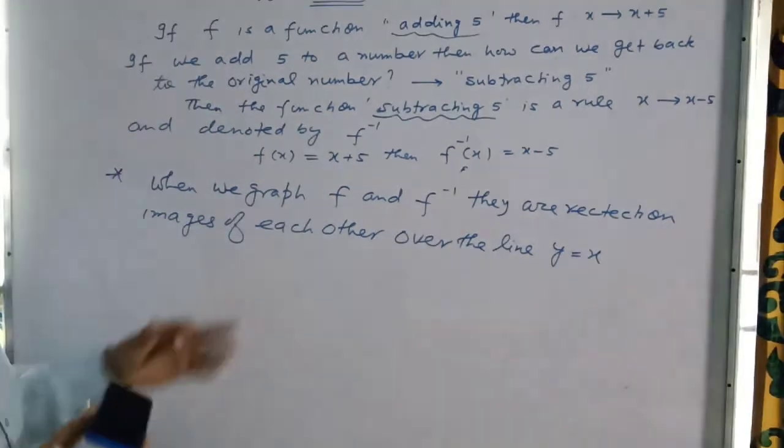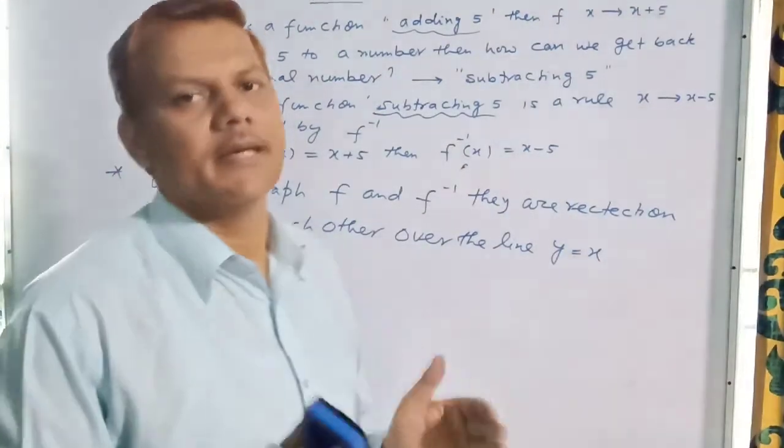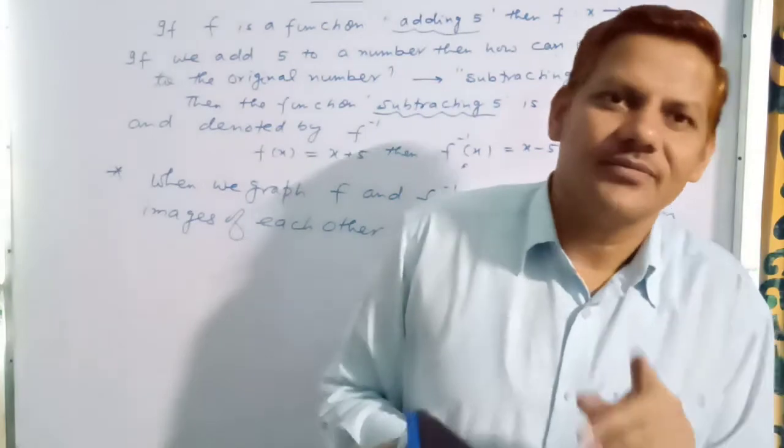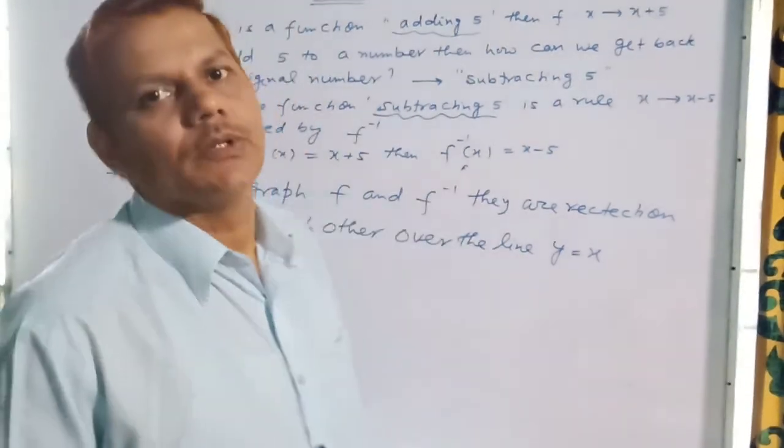It means when we make the graph of f and f inverse, then finally we get that they are actually the reflected images of each other over the line y is equal to x.